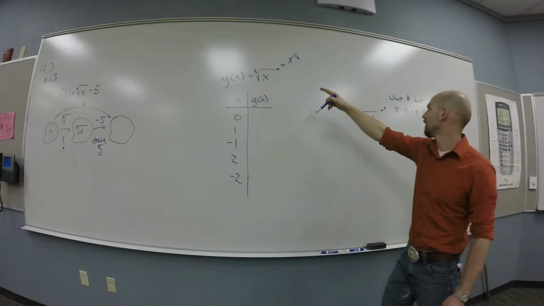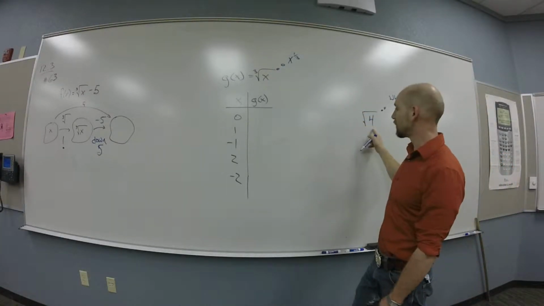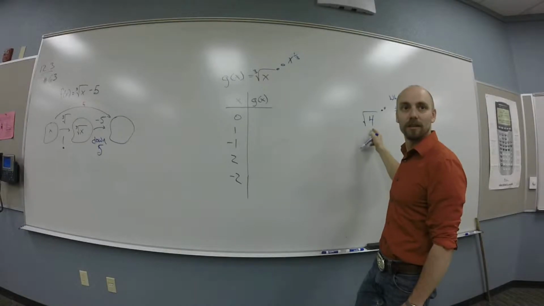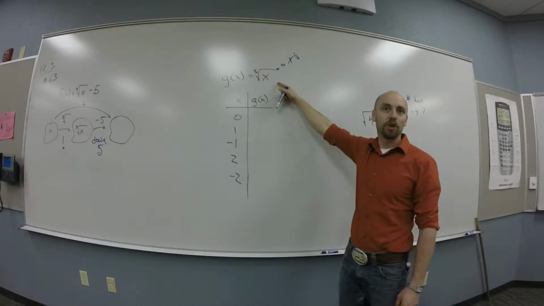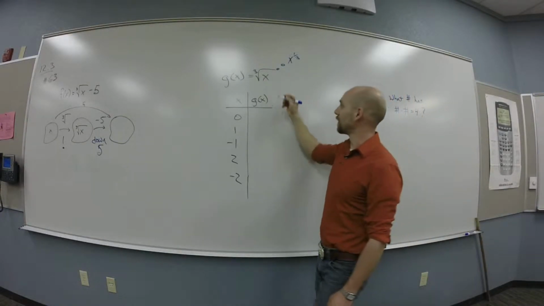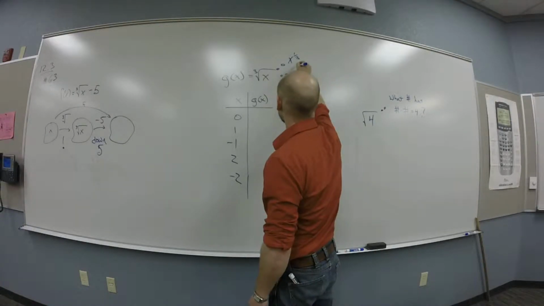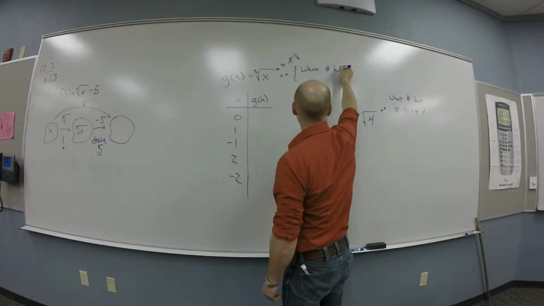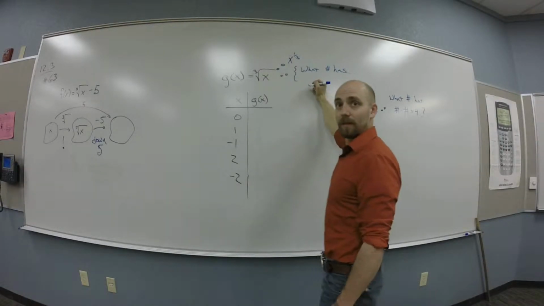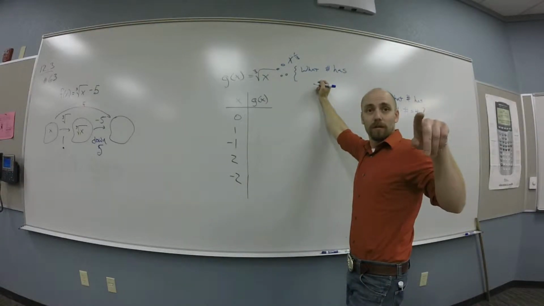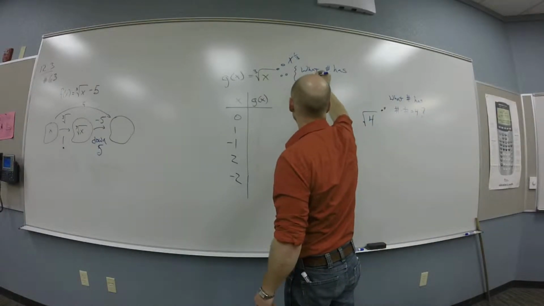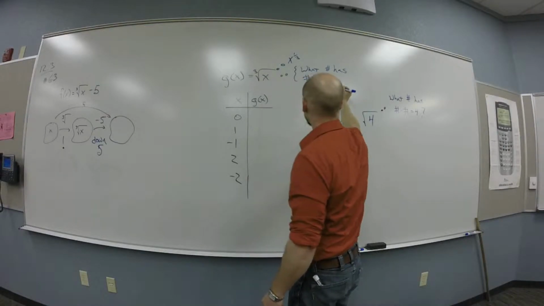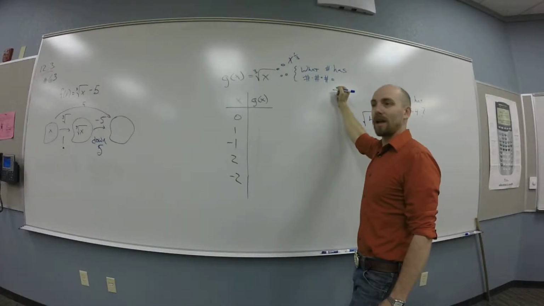So what does this thing mean? If this symbol's unsquaring, and this symbol's uncubing, I might think to myself, what number times number times number equals x?